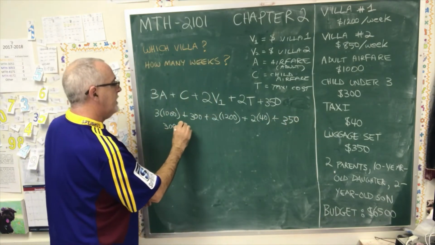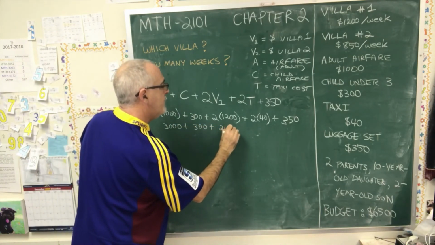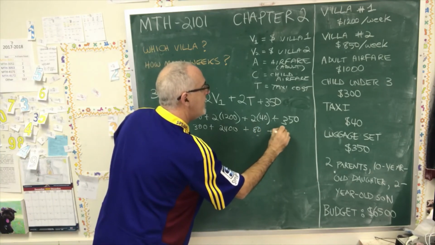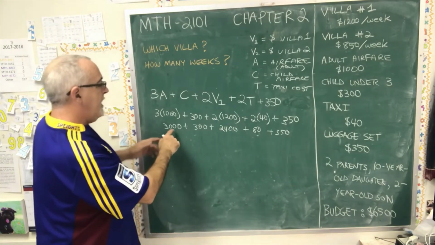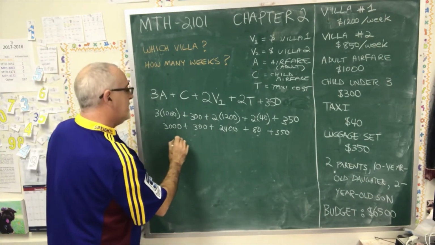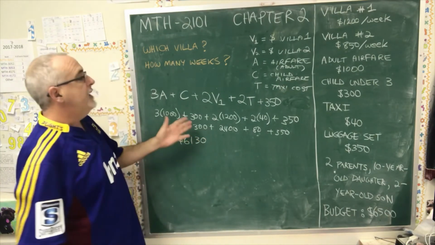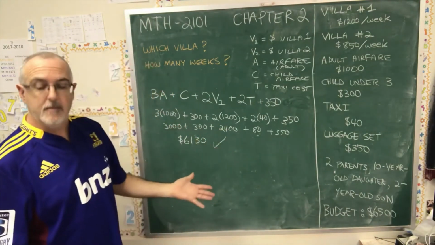Simplifying, I have 3,000, 300, 2,400, 80, 350. After I apply my numerical coefficient, multiply it by its variable, and then when we add these together, it's 6,130. Is that less than 6,500? Yes, we can do this vacation.